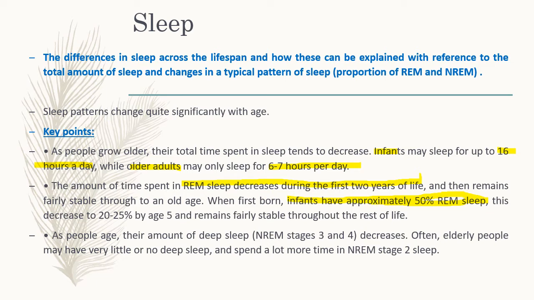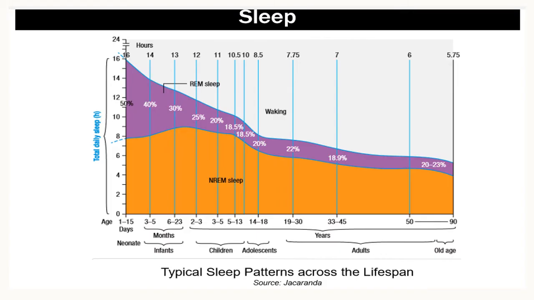As people age, the amount of deep sleep decreases. So when you get into your elderly years, you might have very little to no deep sleep, and you spend a lot of time in NREM stage 2. This is how it looks over the lifespan, and you can see here that newborns or neonates have 50% REM and 50% NREM.